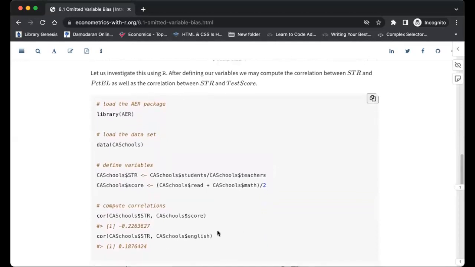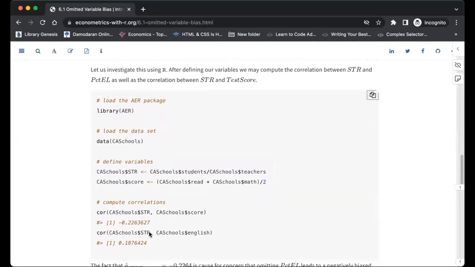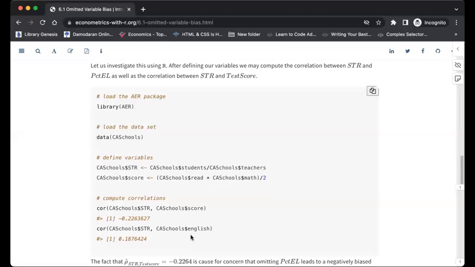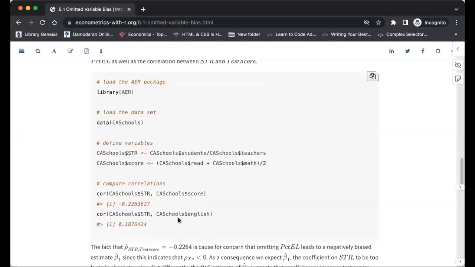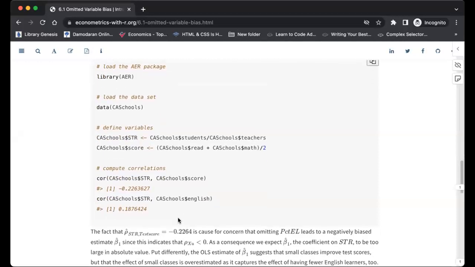We see the correlation between the student teacher ratio and the test scores, and the correlation between the student teacher ratio and the percentage of students learning English. We could see there is some correlation. So the high correlation we see here, between the student teacher ratio and the test score, is caused by the omitted variable, the percentage of students learning English.